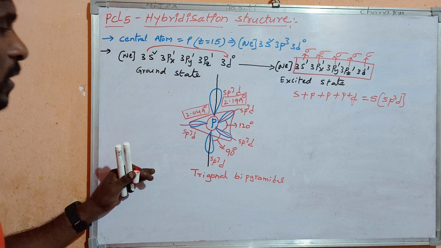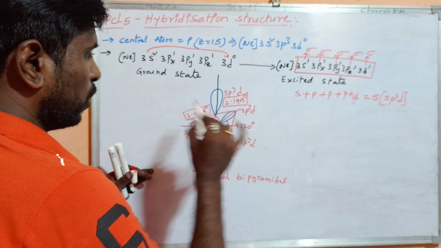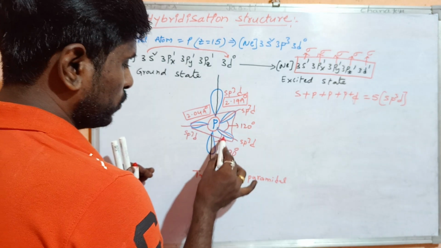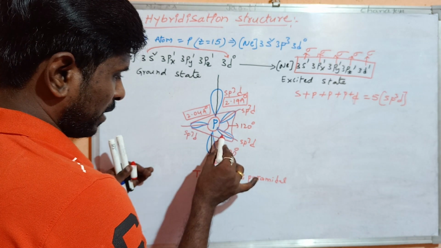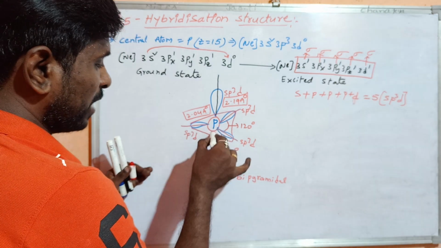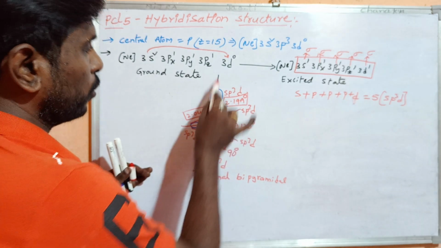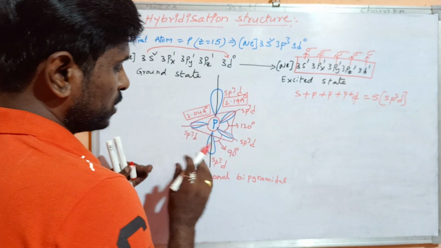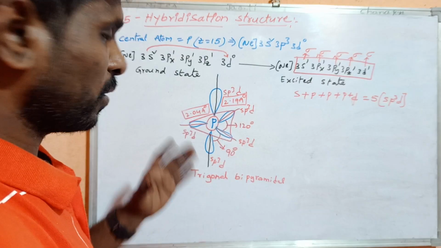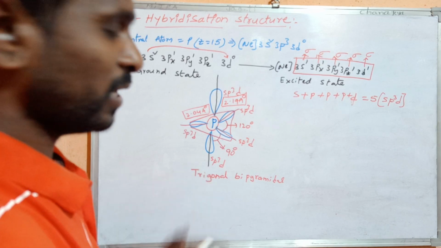It means the axial bond length is more and the equatorial bond length is less. Due to the repulsions between equatorial and axial orbitals, the axial orbitals have more bond length. Due to this bond length, phosphorus in PCl5 participates more easily in chemical reactions.